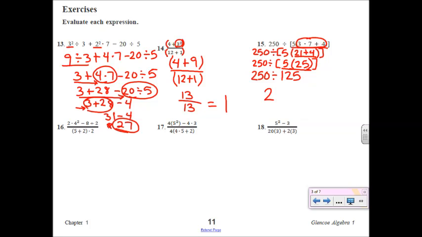Number 16, we're going to treat it like 2 sets of parentheses again, like we did in number 14. So inside the parentheses, I have another set of parentheses down at the bottom.